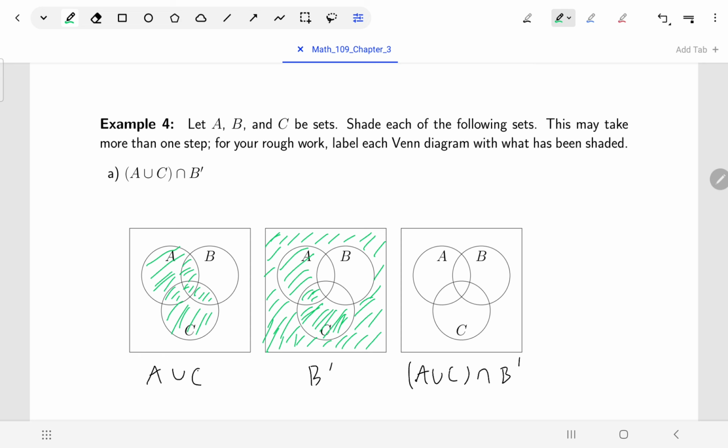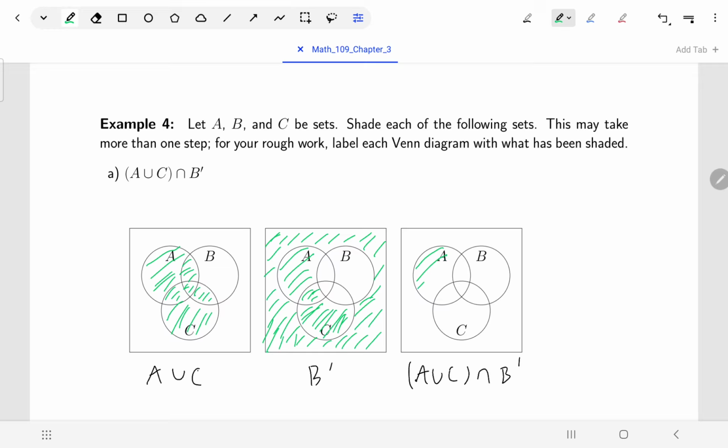And then finally, we're looking for A union C intersected with B complement. So now an intersection is an overlap, what they have in common. And if I'm looking at my 2 diagrams and I'm looking at all of the 1, 2, 3, 4, 5, 6 regions in the first diagram, I can see that 3 of them happen to be shaded in the second diagram.